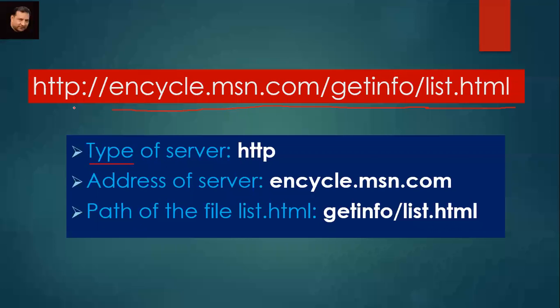So from here we get the information that the type of server is HTTP. Then the address of what? Address of server. Address of server is encycle.msn.com. This will be the second part. And the path of the file, list.html.